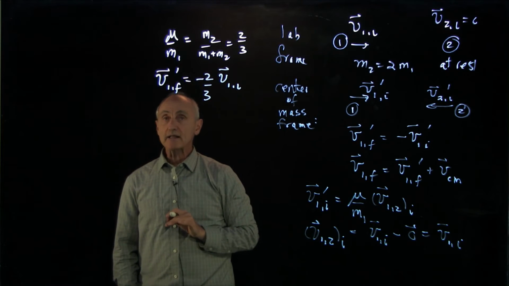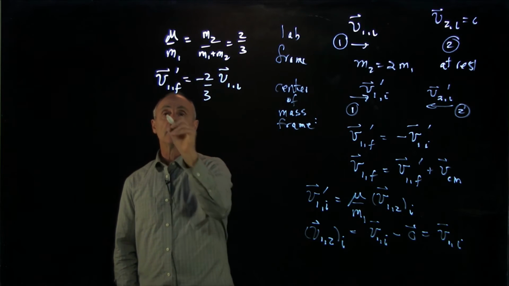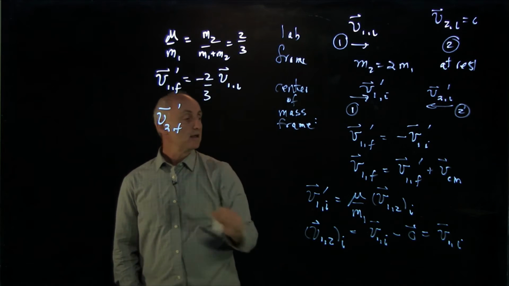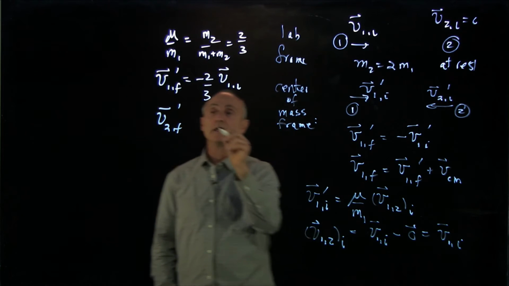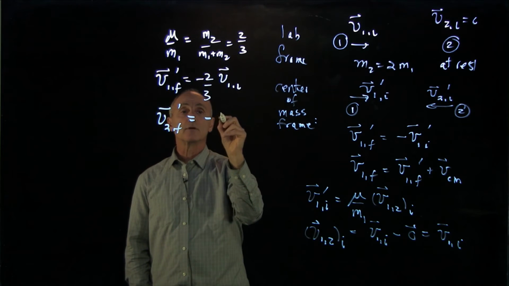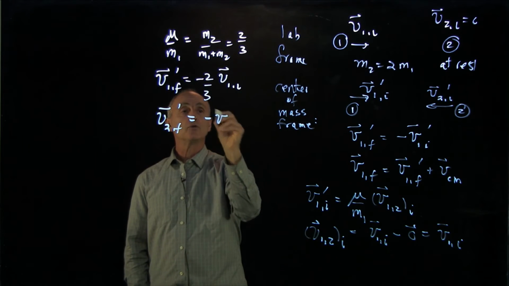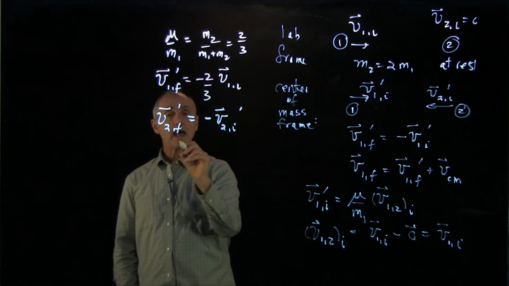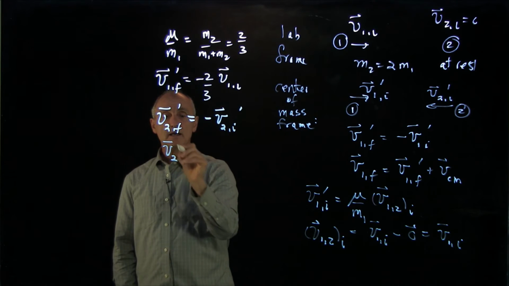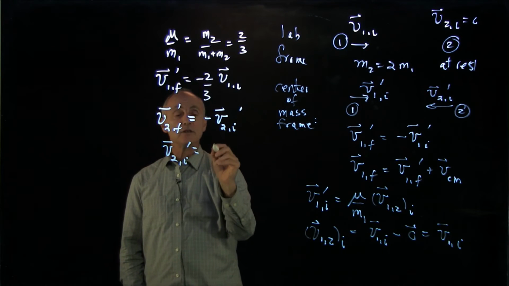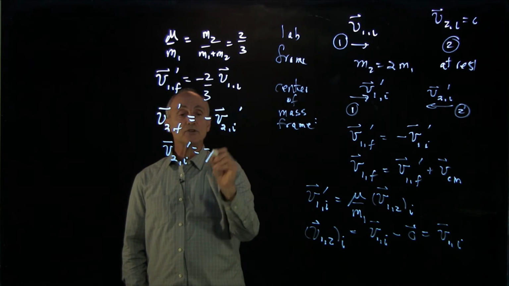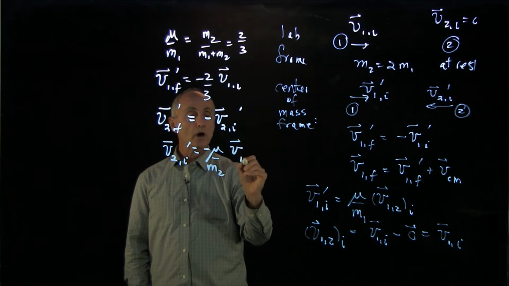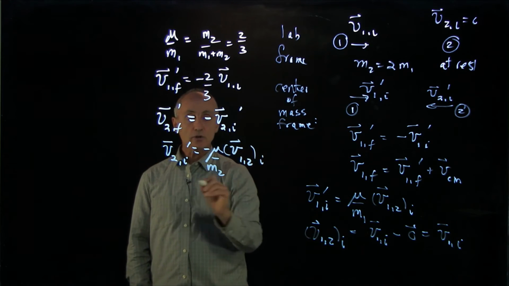We can do exactly the same thing with V2 final prime. V2 final prime is minus V2 initial prime. And V2 initial prime is equal to minus mu over M2 times V12 initial.